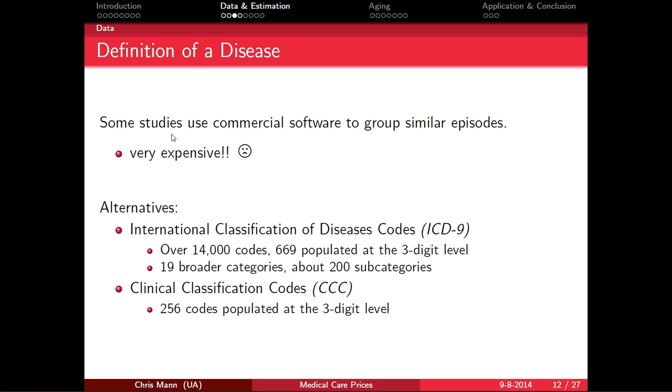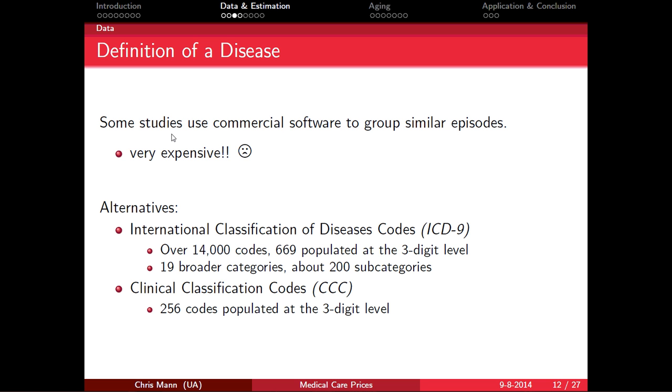For instance, if you look at diseases coded by their ICD-9 code, there are over 14,000 different disease codes there, right? And so it just would not be feasible to create 14,000 different disease indexes. So some level of aggregation is important.